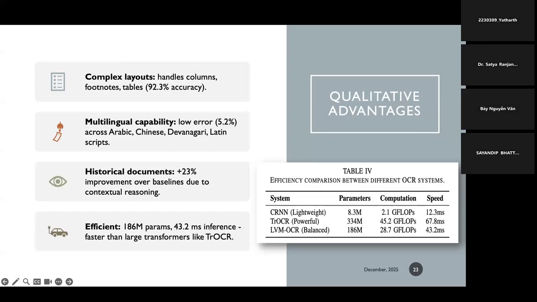And with a speed of 43.2 milliseconds per image, it's fast enough to be used in real-world software without keeping the doctor waiting. So in summary, it's smart enough to understand complex pages, but light enough to run efficiently.